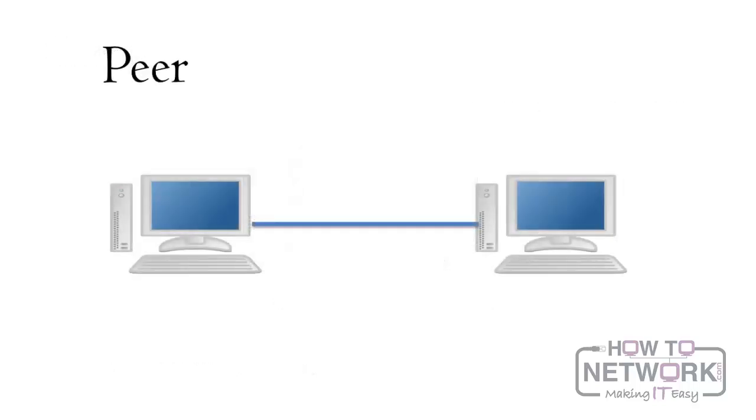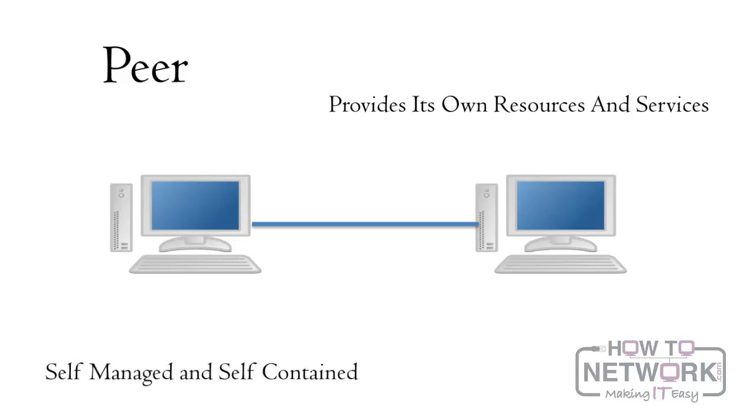Now, a peer is a network computer that provides its own resources and services and computes on its own. The best thing about a peer is that it is self-managed, self-contained, and it is both a server and a client. Okay? So you can see how this works.